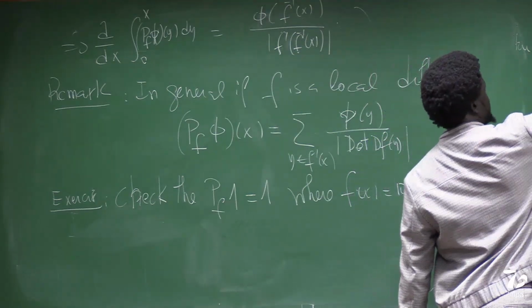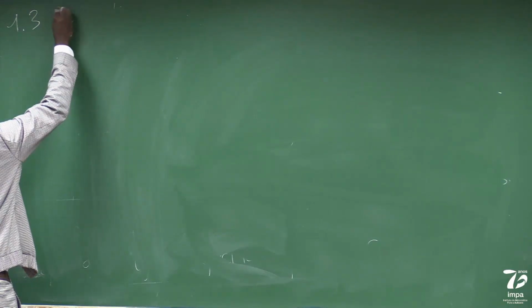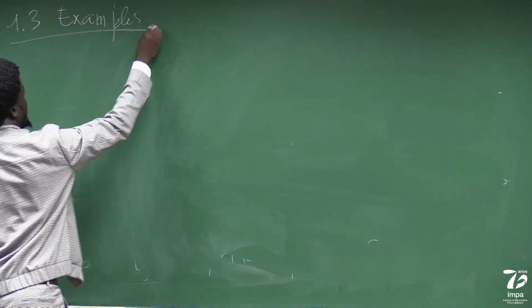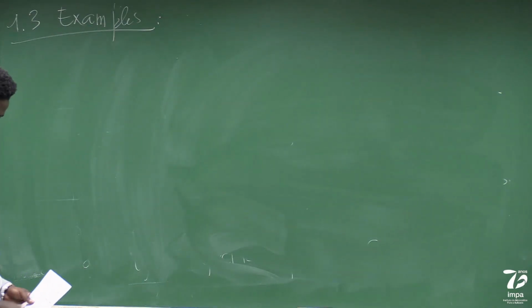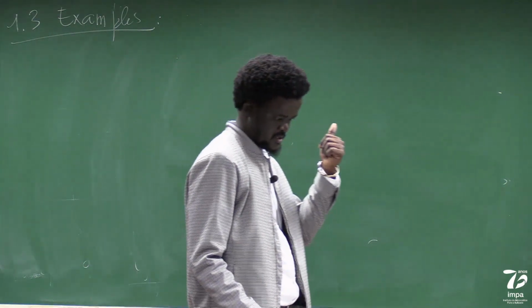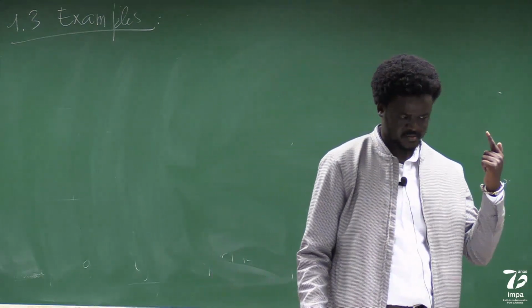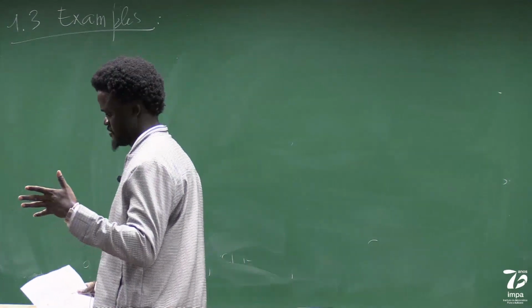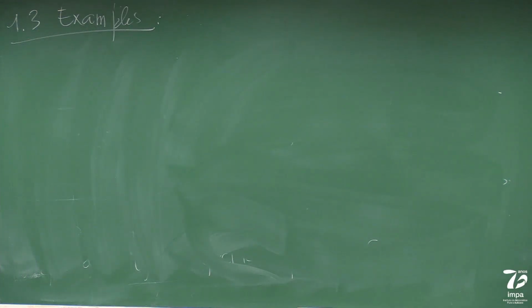So 1.3, examples. In this, I will just talk about the Gauss map, the circle rotation. And after, probably next week, Monday, I will talk about some flows also, some examples of flows that have invariant measures, like continuous.